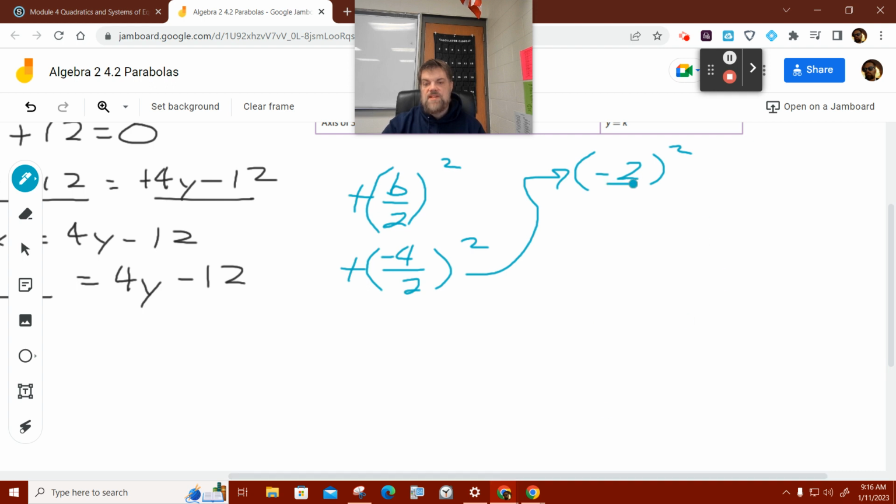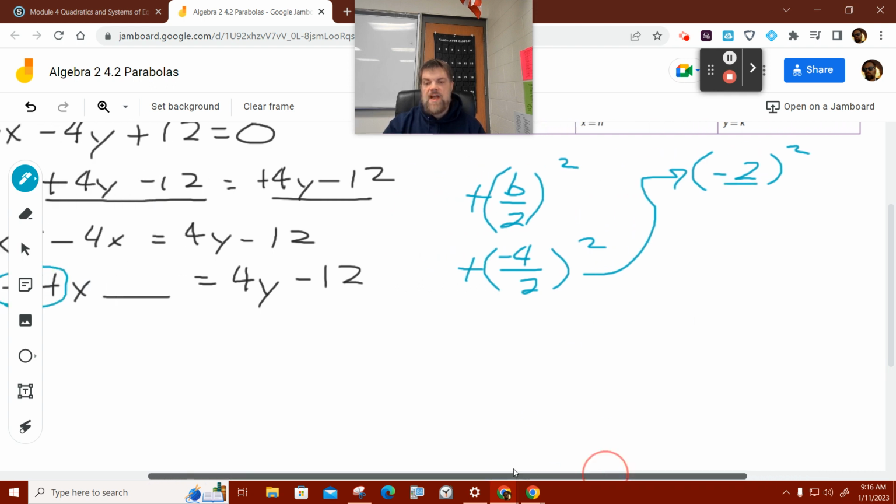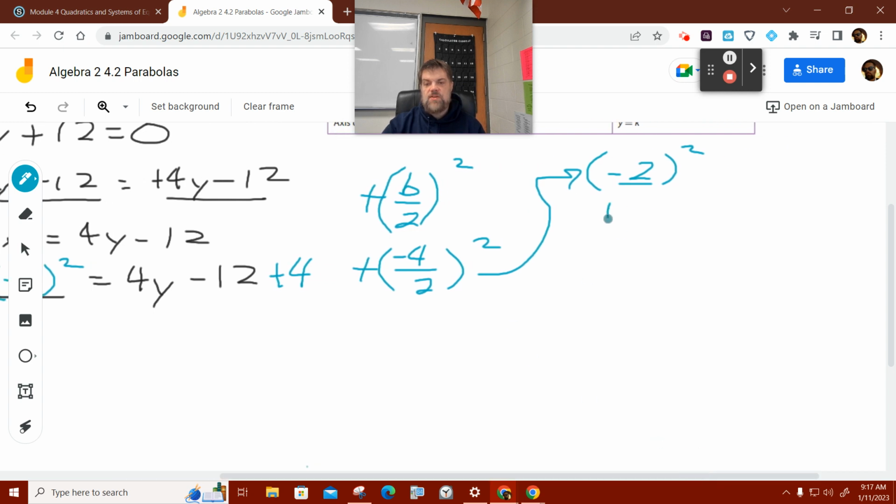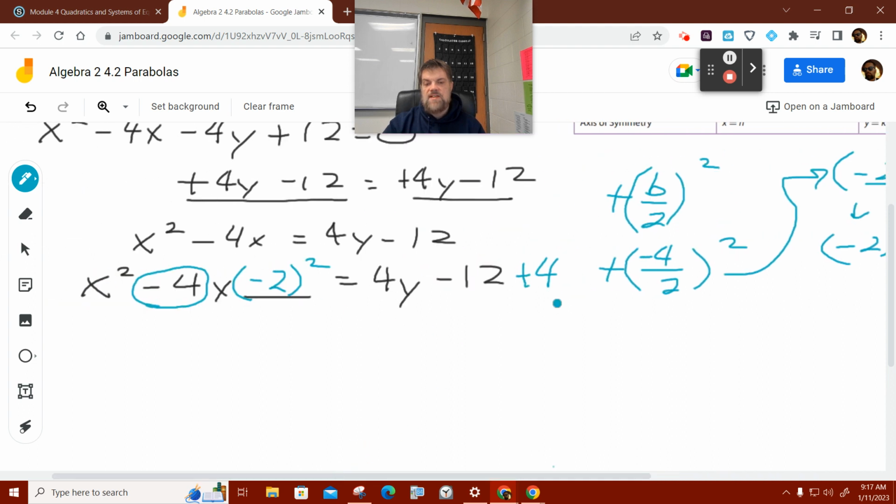All right, now this is important. Keep that in mind. Whatever I have in the parentheses is what I'm adding. So I'm going to add -2 squared. Well, what's -2 times -2? +4, right? So when I say -2 squared, that means I'm going to say -2 times -2. That's equal to a +4. So what I want you to see is that this is the same as this. You guys on board with that?